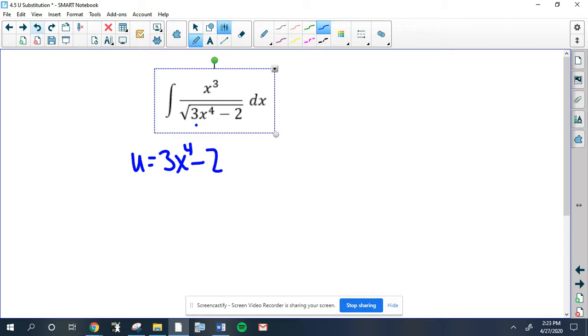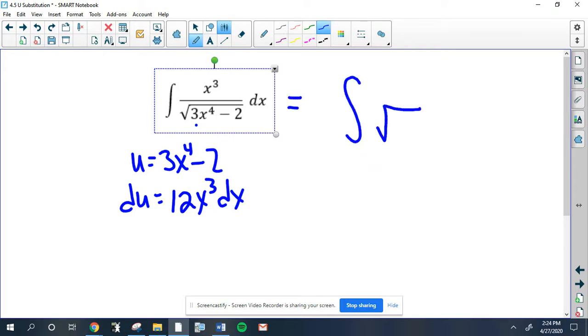So that's always something to think about. Right now, I know my u is going to work because I'm going to be left with a 12x cubed. So now, du is 12x cubed dx. Now you're going to make your substitutions. So the bottom we said was u. And we still have that square root. That never changes.